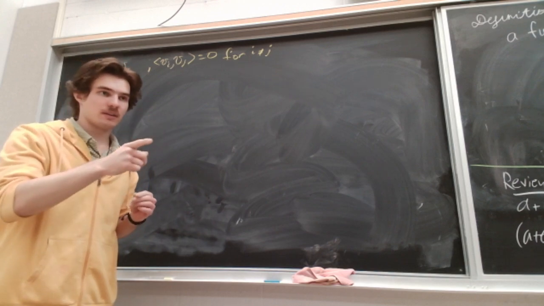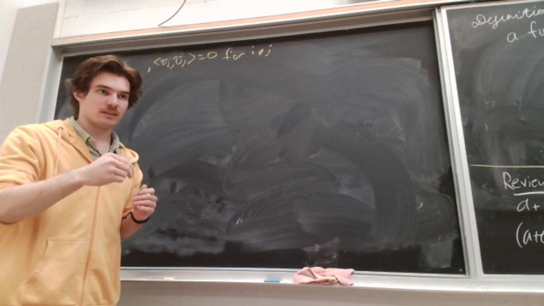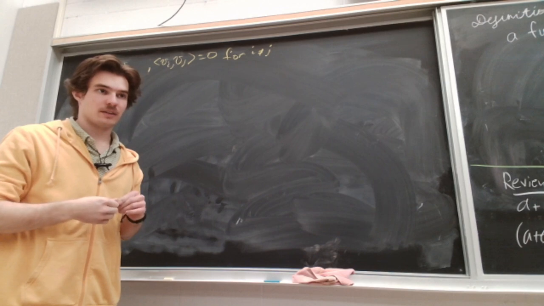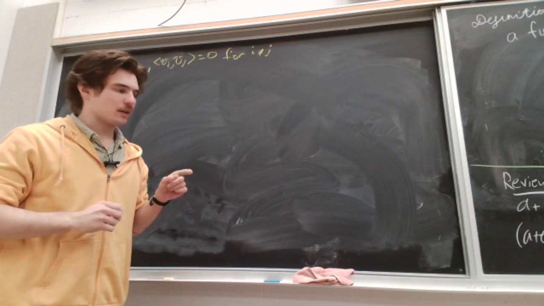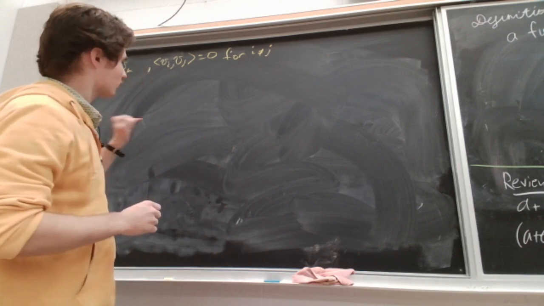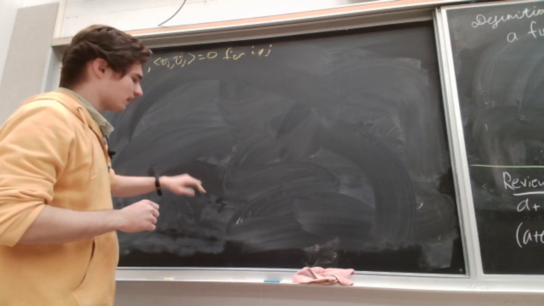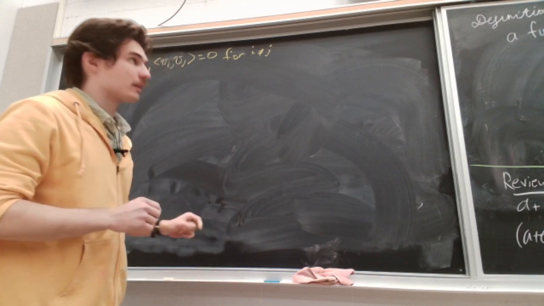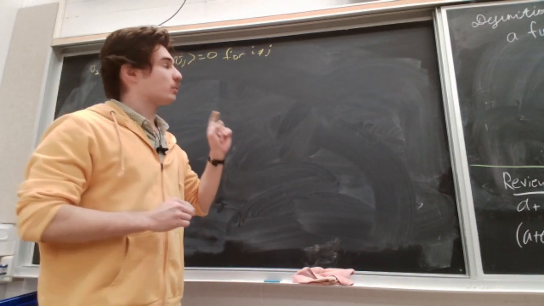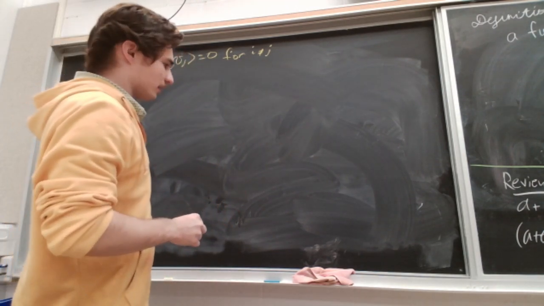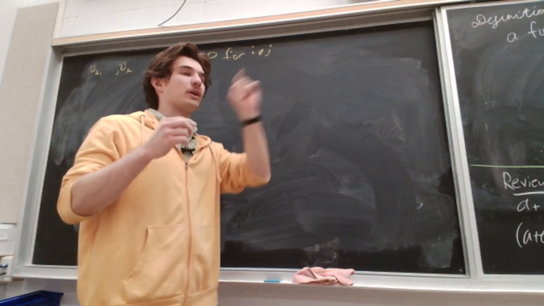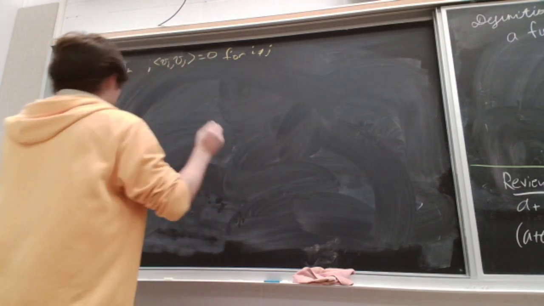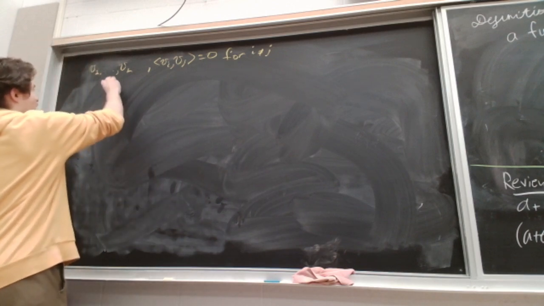If you take out a vector of a set, it's not going to span the same set, because you need this vector. Yes, that's right. But sorry, we want to show that these are linearly independent. So let's go by contradiction.